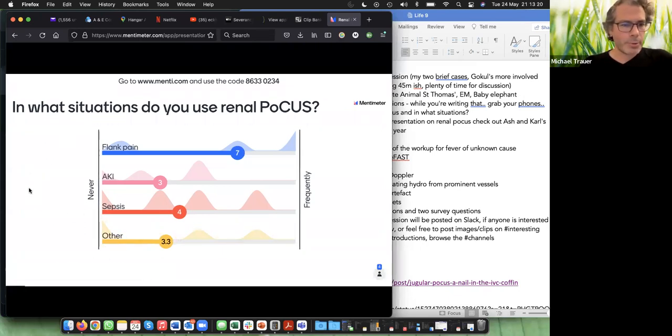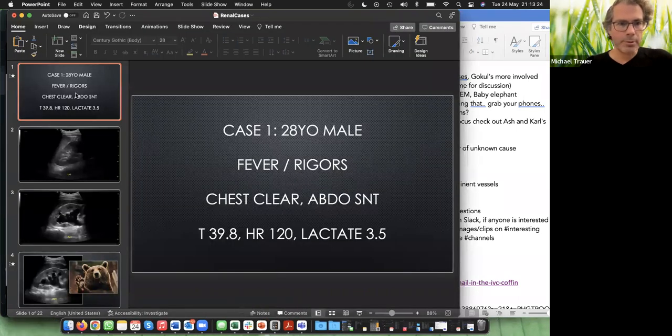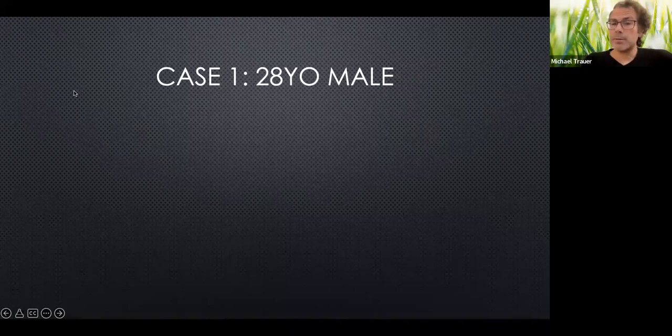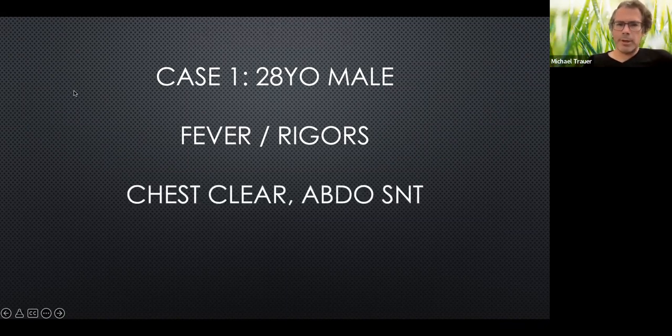Okay, let's jump over to the slides. So, case 1. This was a real case, a young man I saw a few weeks ago. A 28-year-old male who had a background of learning disability. He presented with fever and rigors. There wasn't much other history available due to communication, and also he was quite unwell.